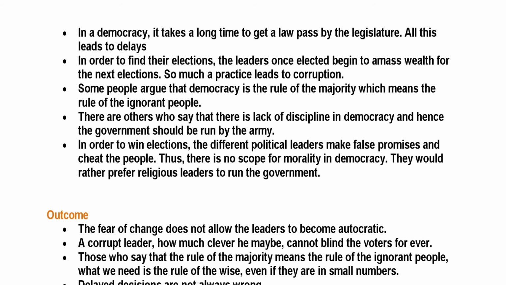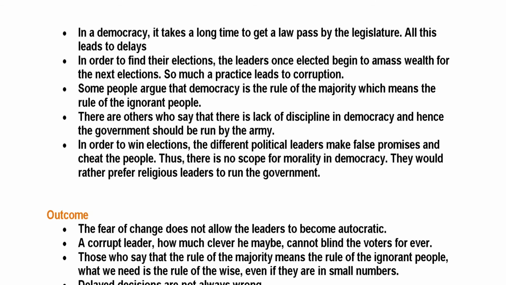Next point, some people argue that democracy is the rule of the majority, which means the rule of the ignorant people. Next point, there are others who say that there is lack of discipline in democracy and hence the government should be run by the army.